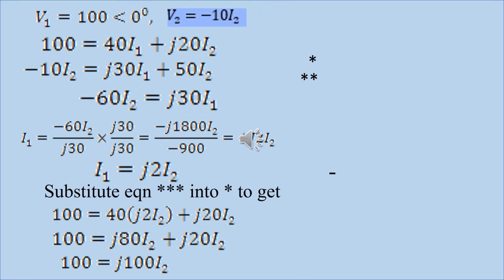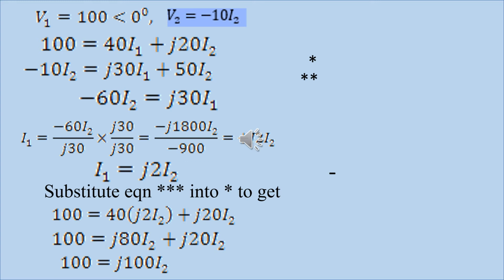Our V1 is 100 angle 0 degrees, and V2 is minus 10 I2, and we already know our Z11, Z12, Z21, Z22. Putting all this into the general impedance equation, we'll get the two equations on this slide, and that will lead us to get our I1 to be j2 I2.